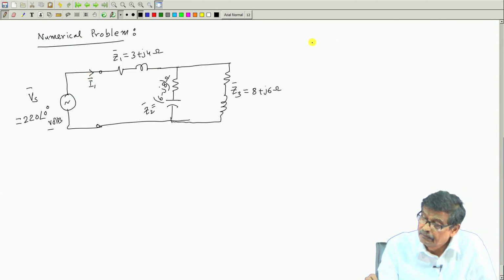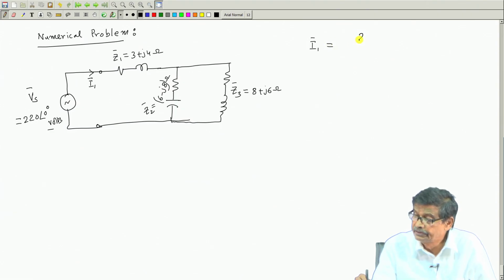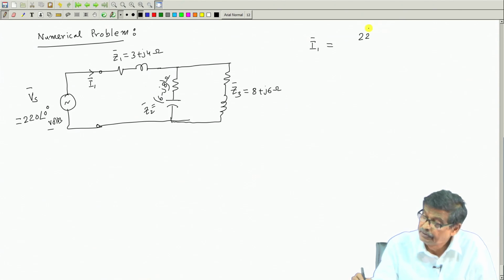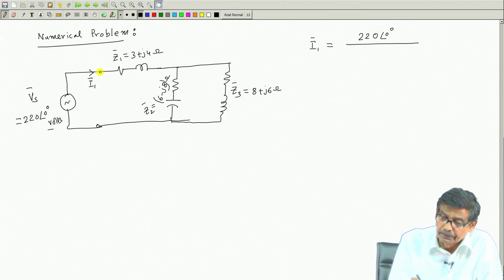I1 bar will be equal to the supply voltage, that is 220 angle 0 degree, divided by the equivalent impedance between these 2 points.